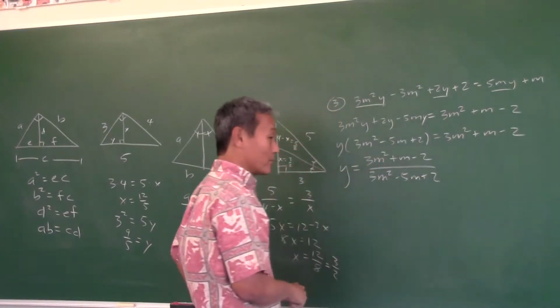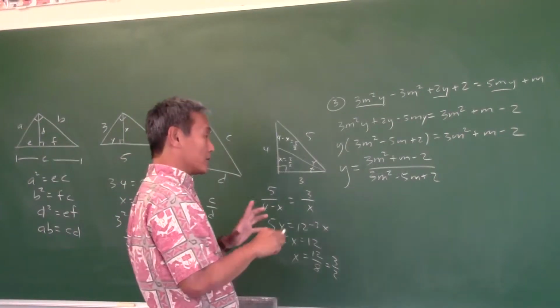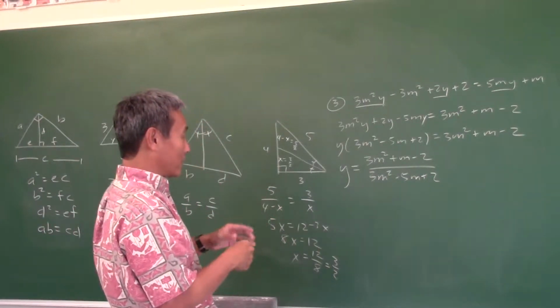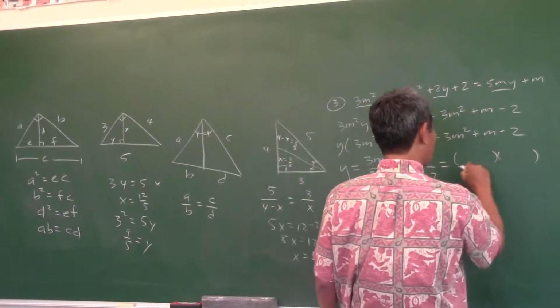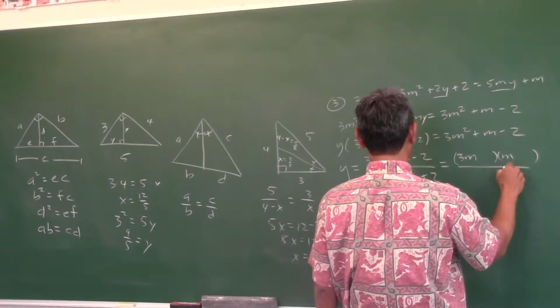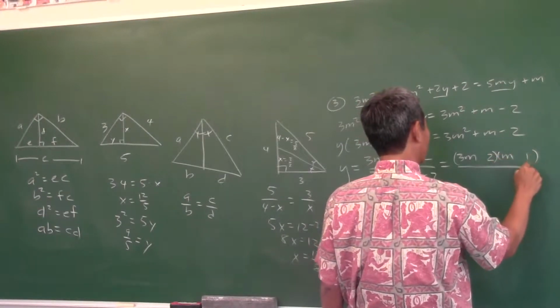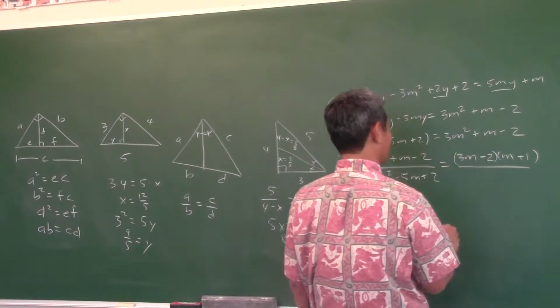Now, this is the answer, but however, you might be able to simplify it. So always make sure you check to see if you can simplify it. So if I factor the top, you get 3m minus 2 times m plus 1.